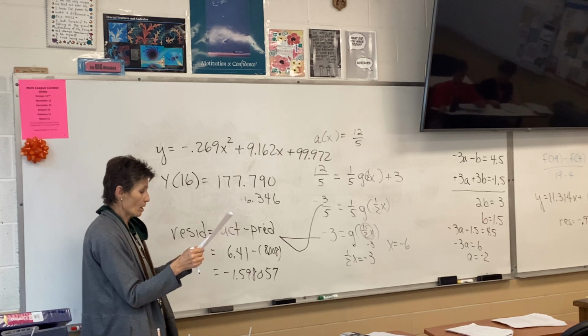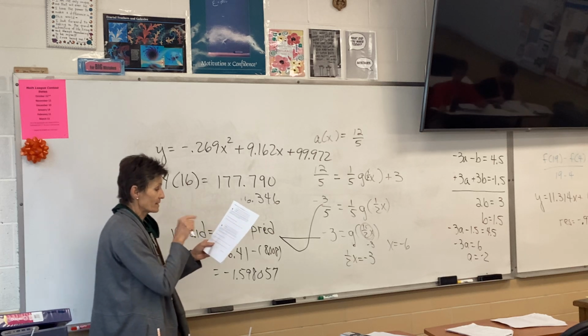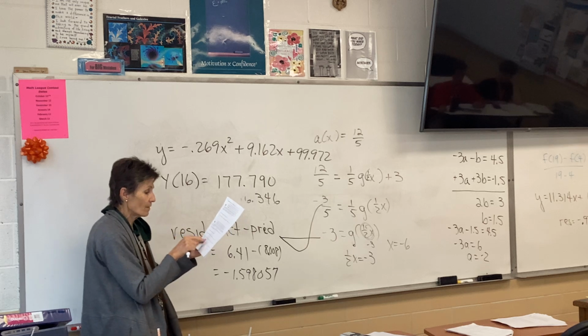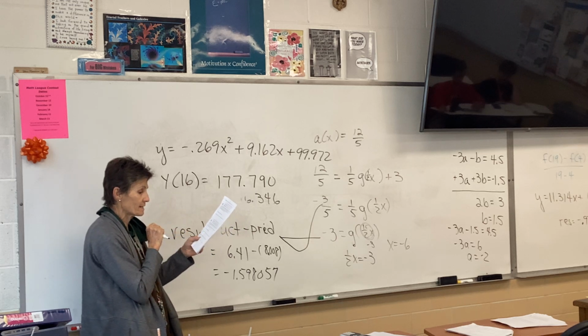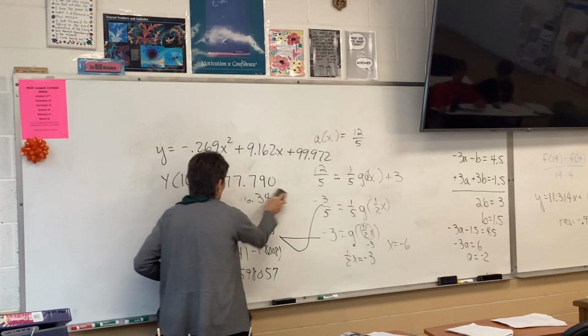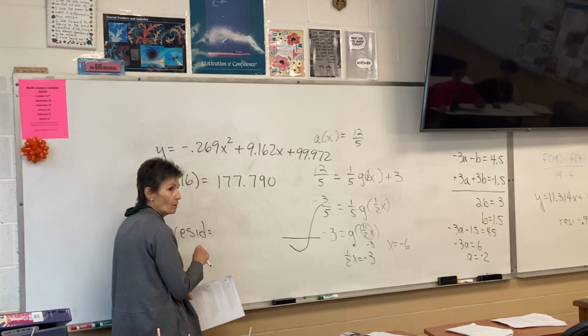The actual price for one share of Amazon stock was 168.61. So that number's not in the table, but he's telling us that the actual value was 168.61. Well, can we find the residual really easily since he gave us that number already?